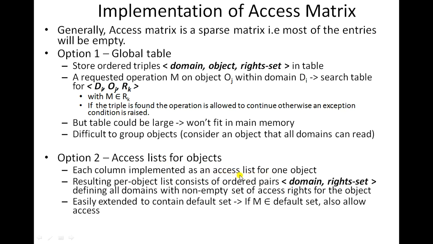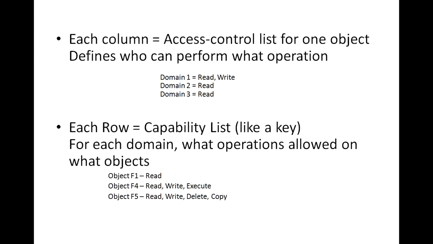The resulting per-object list consists of ordered pairs of the form domain, set of access rights, defining all domains with a non-empty set of access rights for the object. It can easily be extended to contain a default set. If M belongs to the default set, allow access.